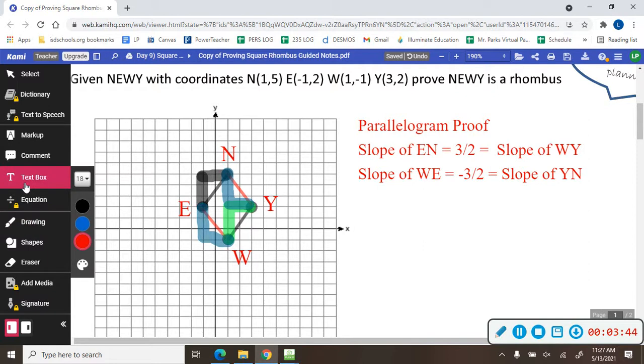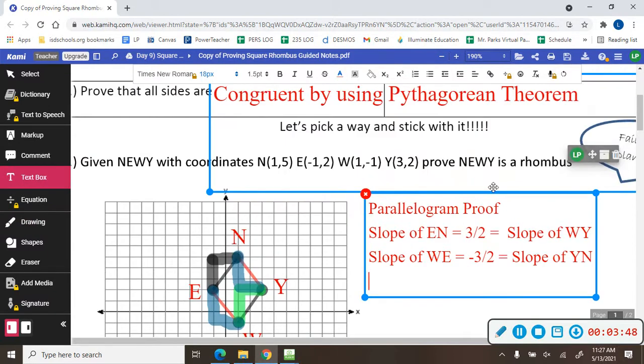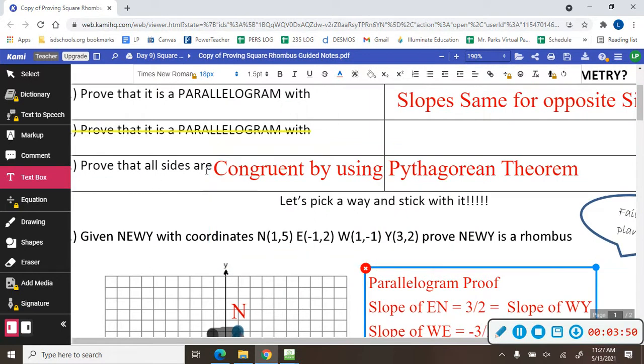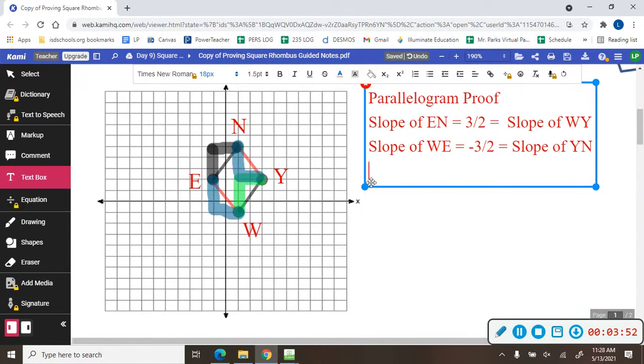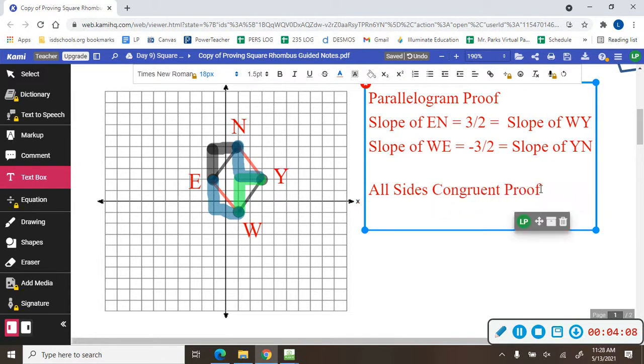Now I also need to prove, looking above, that all sides are congruent. We'll call that the proof. And so how do you find the length of the side?